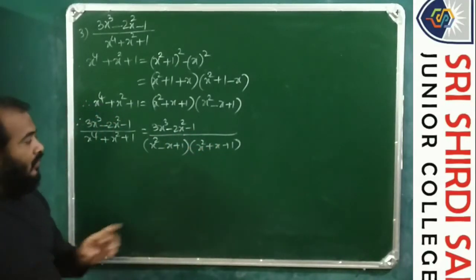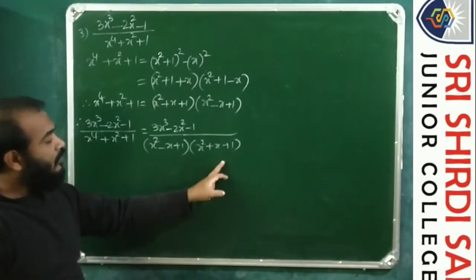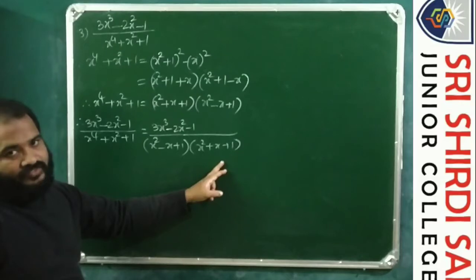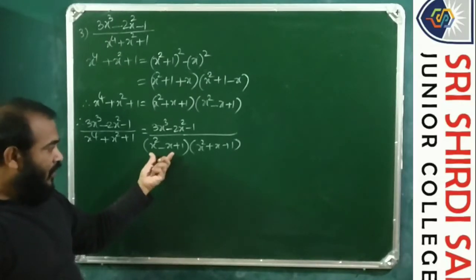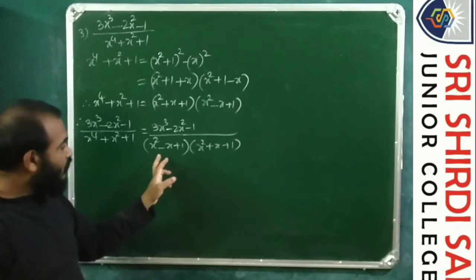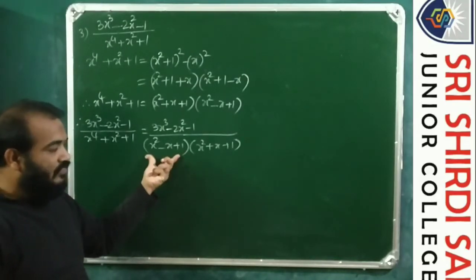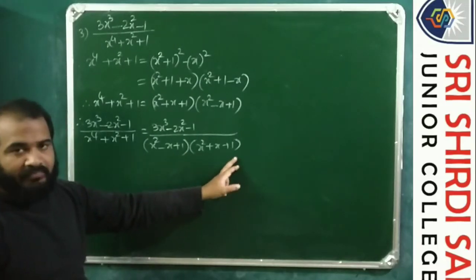Now, the denominator contains two non-repeated irreducible quadratic factors. So, we cannot express this into further factors, since b square minus 4ac, so 1 minus 4, is minus 3. So, here also the same.